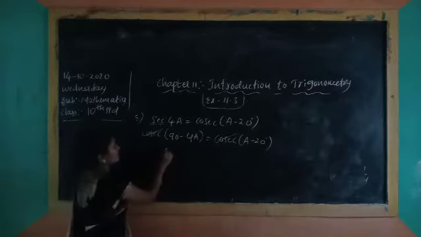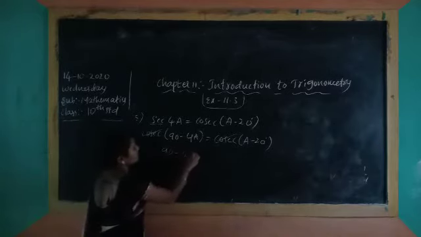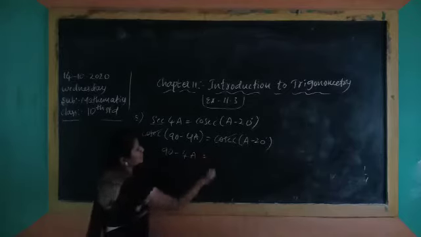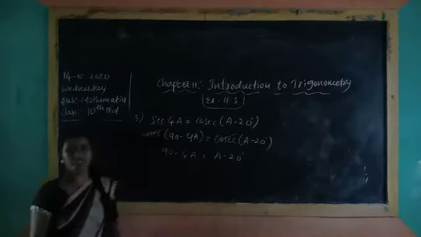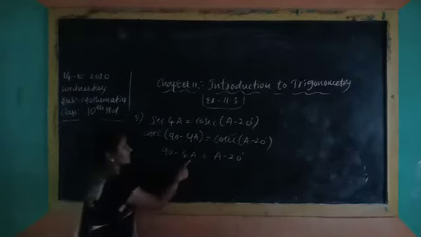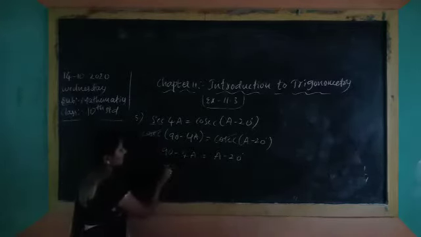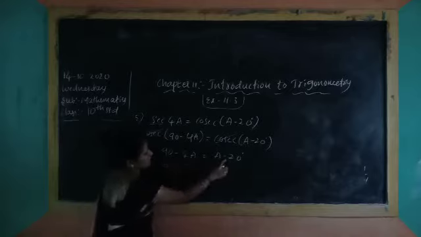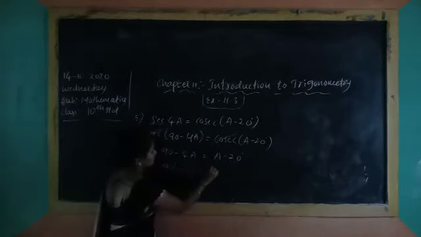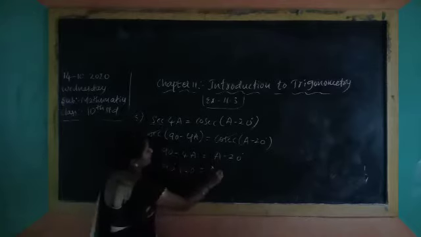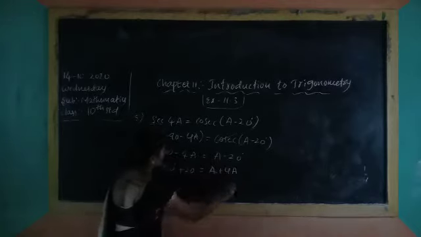Next, I will write 90 degrees minus 4A is equal to A minus 20 degrees. Just find the value of A. I will take 90 degrees and minus 20 degrees, which becomes plus 20 degrees, equal to A minus 4A, which becomes plus 4A.